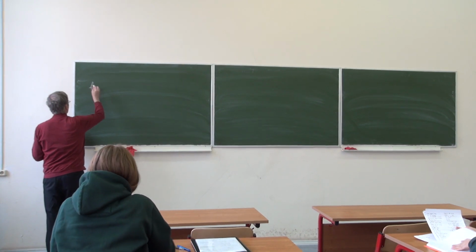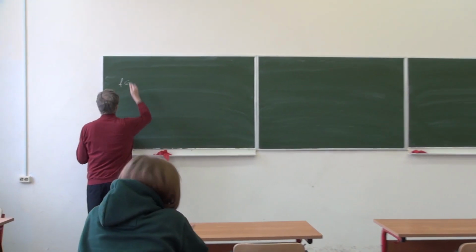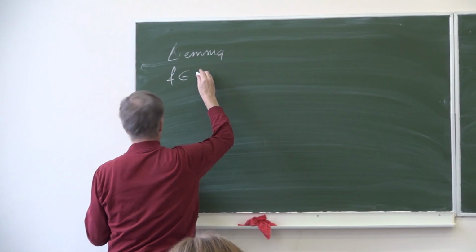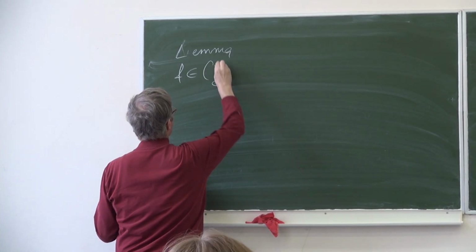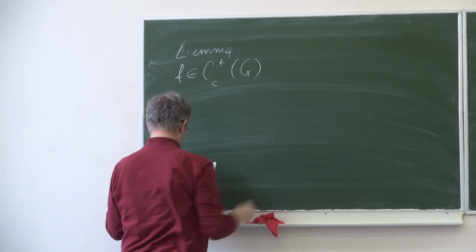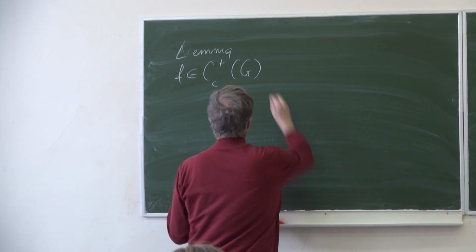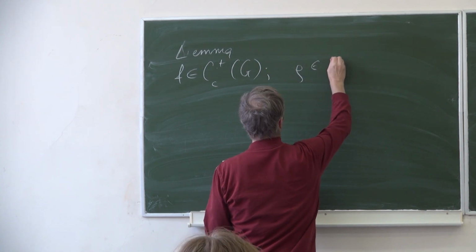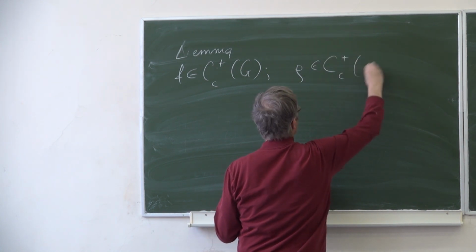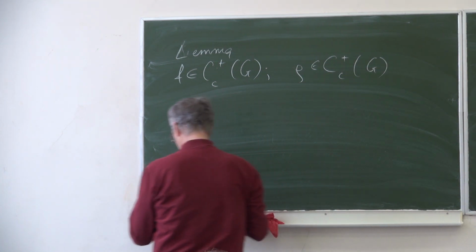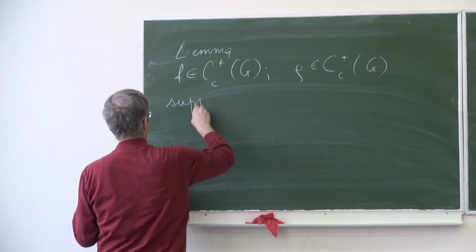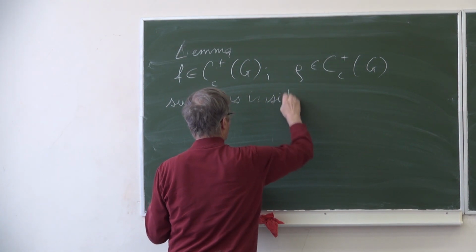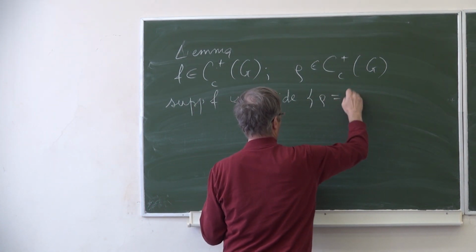So again, we have a lemma. A non-negative function with compact support on our locally compact group G, and also we have another function rho, also in this class, so that the closed support of F is inside the set where rho is equal to 1.